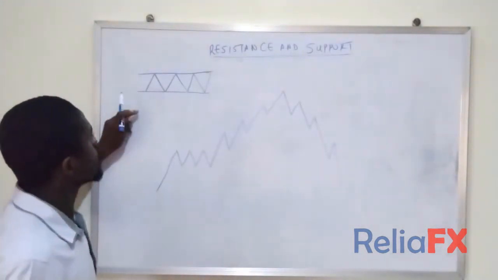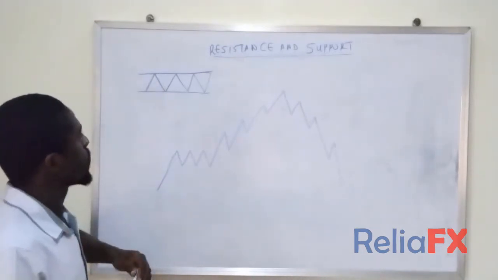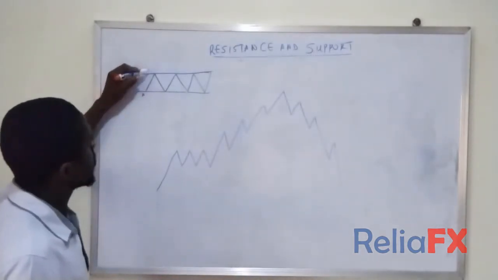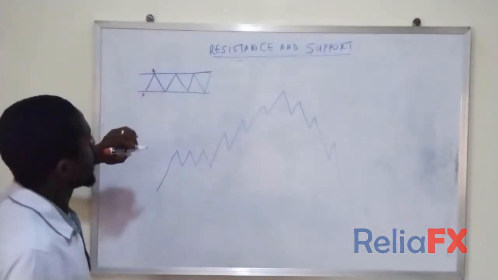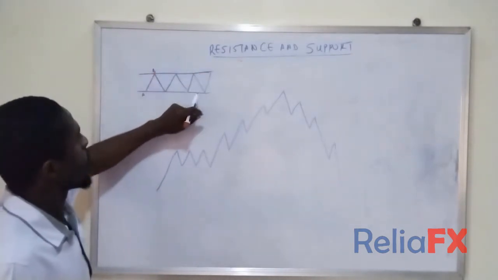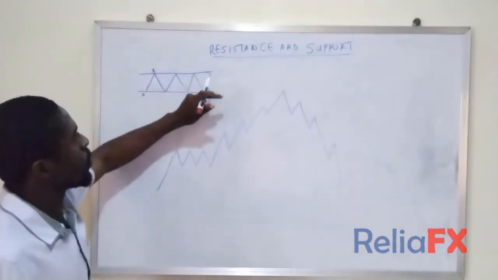Assuming the market is trying to move up from point A to point B, and in an attempt to move upwards, it gets to a point that prevents the movement upwards.